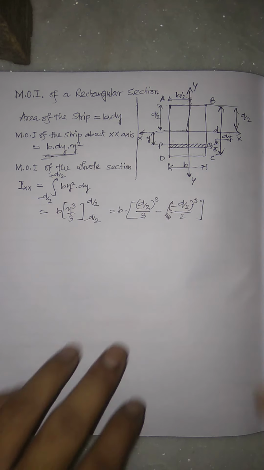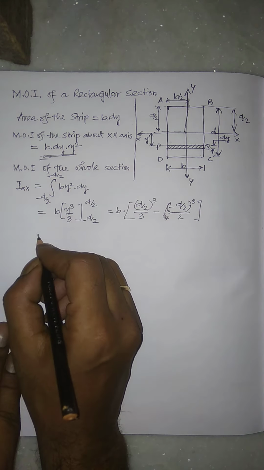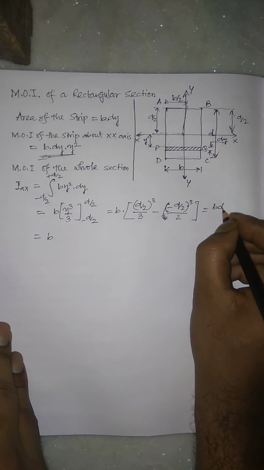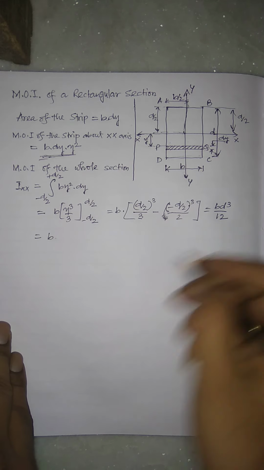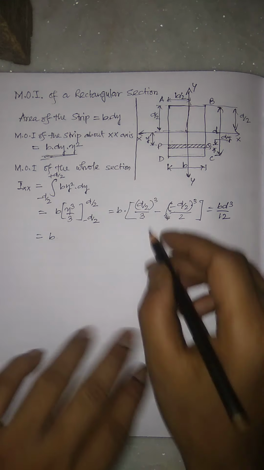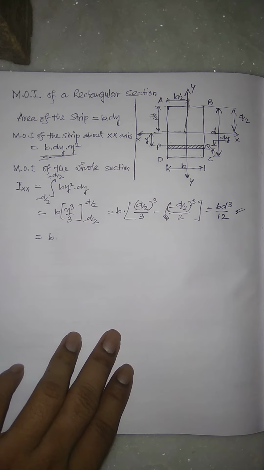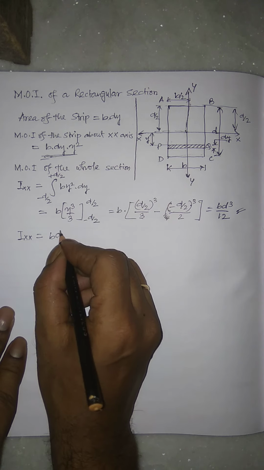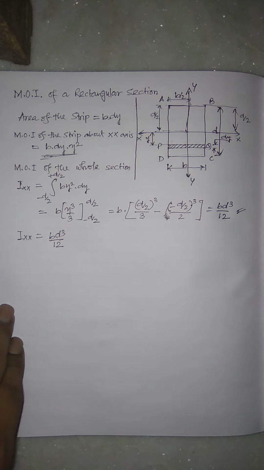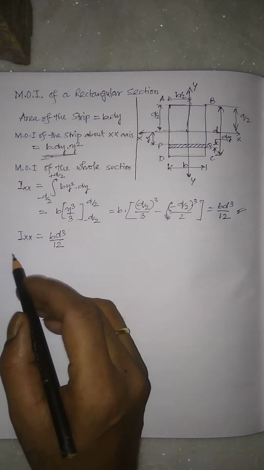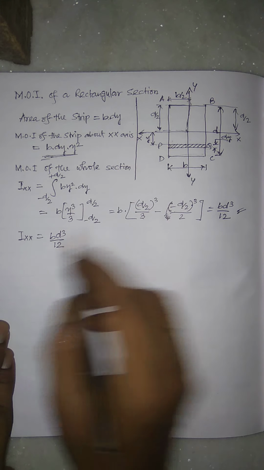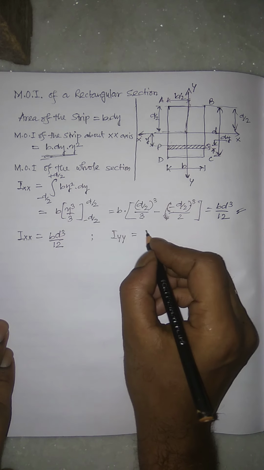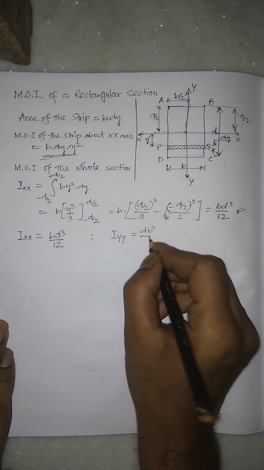That should be equal to bd cube by 12. You can simplify at home and find the simplified form is bd cube by 12. So Ixx, that is moment of inertia with respect to the x-axis, is equal to bd cube by 12. Similarly, the moment of inertia with respect to the y-axis is db cube by 12.